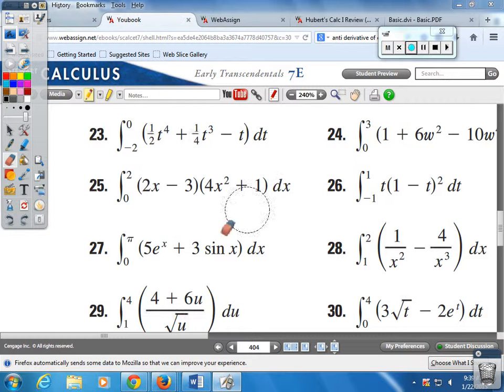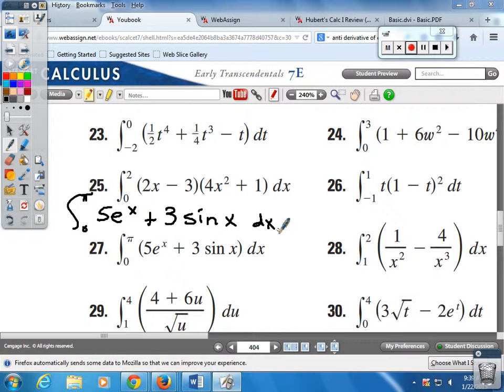So, but let's do this one. 27. So 0 to pi of 5e to the x plus 3 sine of x dx.